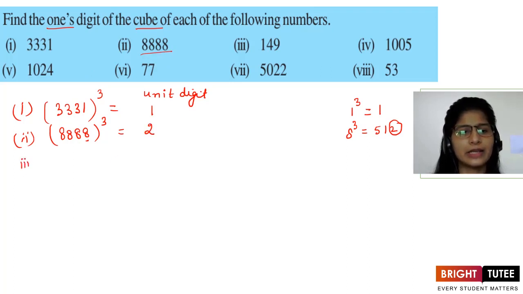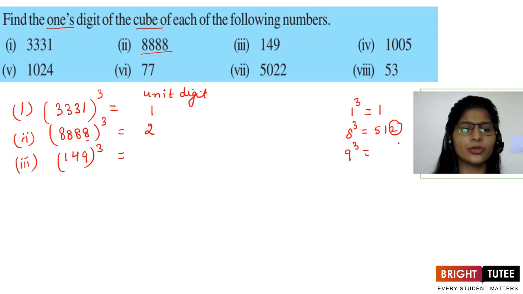The next thing is the third part, which is 149. If you do the cube of 149, you just have to go with the cube of 9, which is the unit digit in 149. If you do the cube of 9, you will get 729. What is the last digit? 9. So the unit digit in the cube of it will be 9. Fourth part, that is 1005.